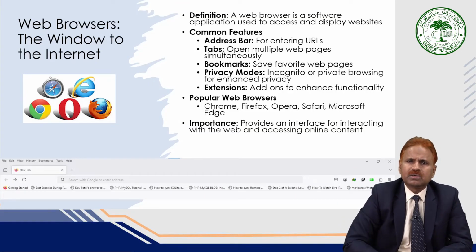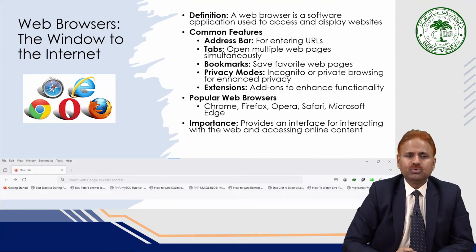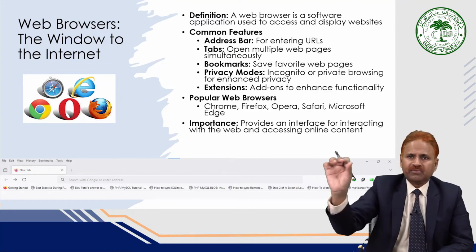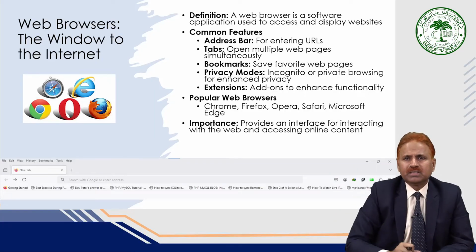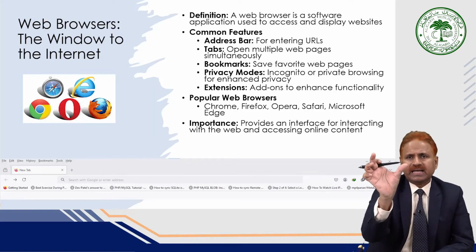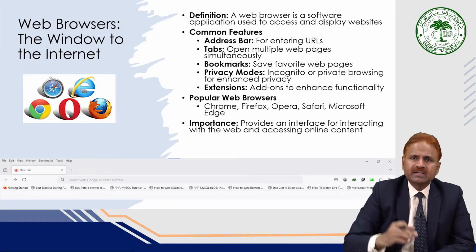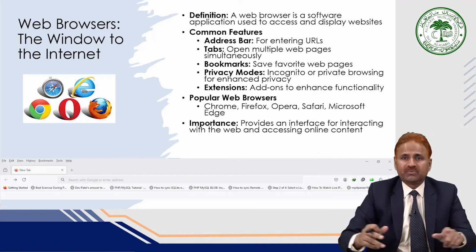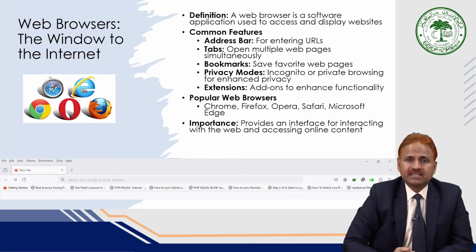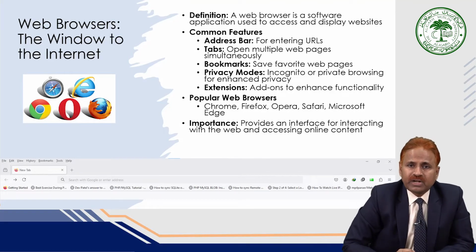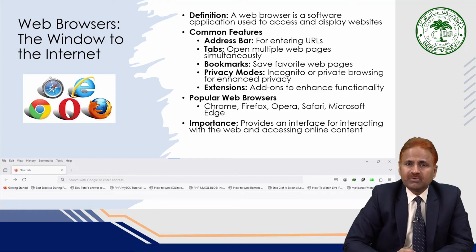Say for example, you are interested to know about AMU. So you write the address over there, amu.ac.in, that is known as the web address or URL of AMU. The moment you write down this address on the address bar and press the enter button, it will bring you to the home page of the AMU website. So the web browser is a software application used to access and display websites.